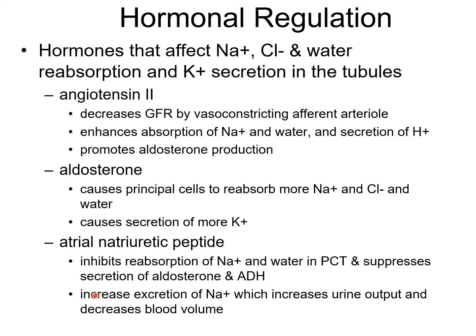So if we have such a huge blood volume that stretches the atria, that makes this hormone, just by slowing down sodium and water reabsorption, we can increase urine output and therefore decrease blood volume.